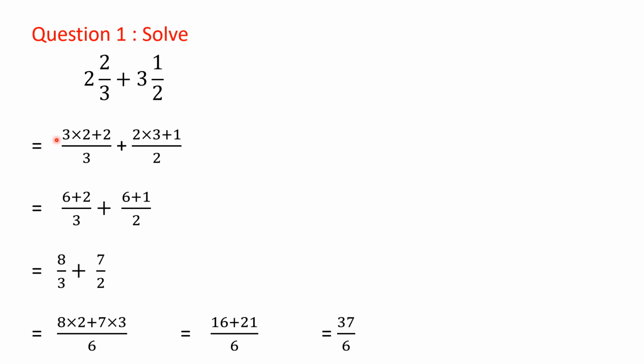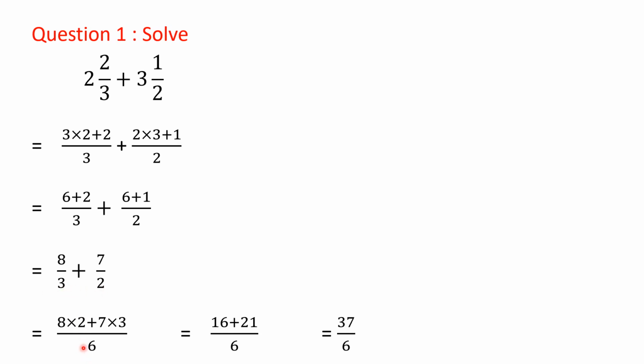Whenever you see multiplication, you solve multiplication first, right? So 3 into 2, 6 plus 2. 3 into 2, 6 plus 1. 6 plus 2, 8. 6 plus 1, 7. 3 as it is, 2 as it is. Now you can see normal fractions addition and you solve it using the LCM method like we have done so far, right? So 3 into 2, you take the LCM, 3 into 2 is 6.